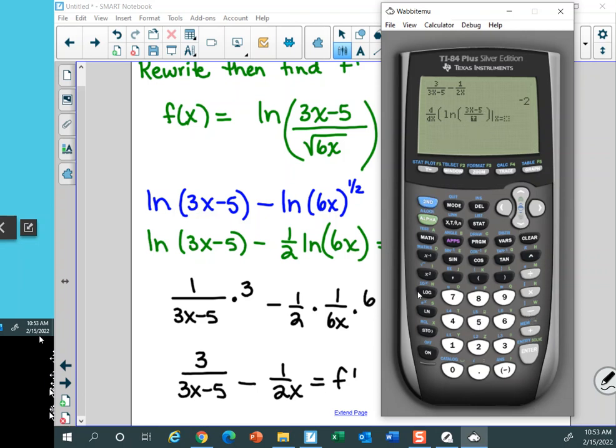It won't give you derivatives in algebraic form. So I want the derivative of the natural log of this expression at 1. Please be -2. Oh, crap. Not good. What did I do?